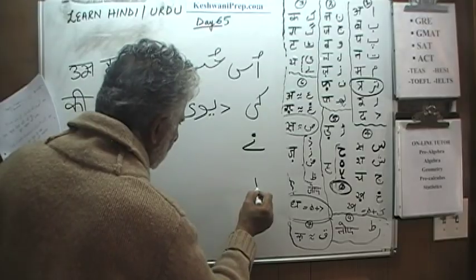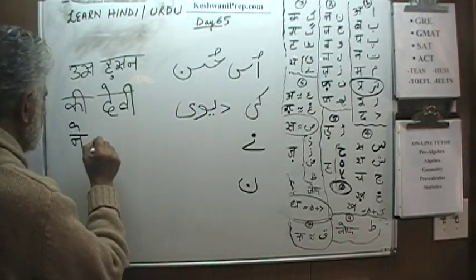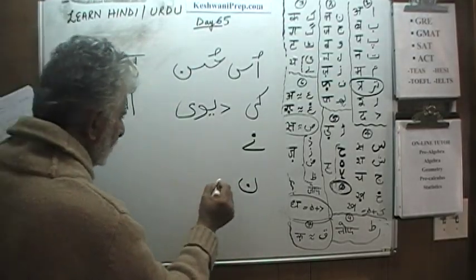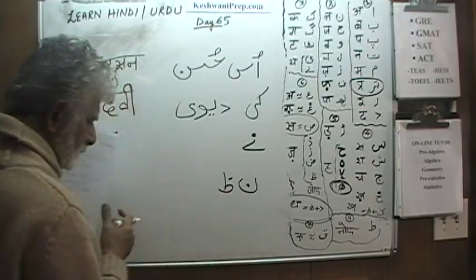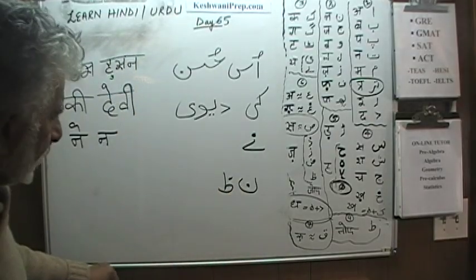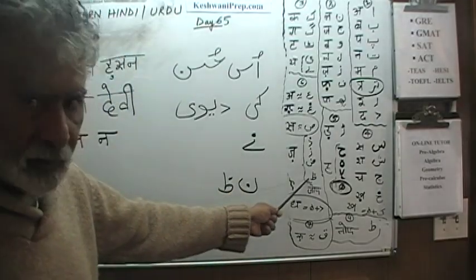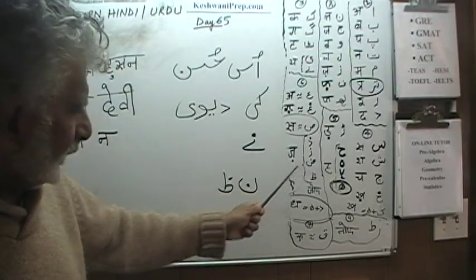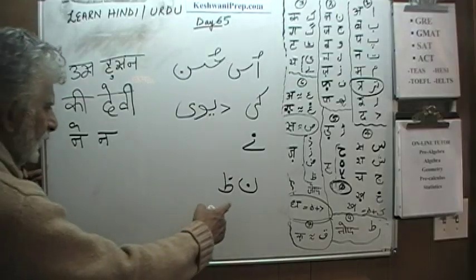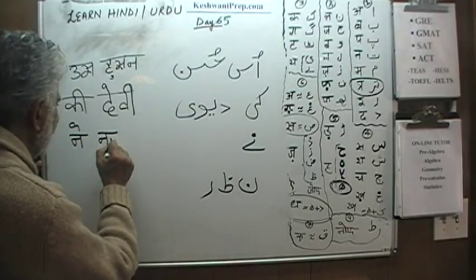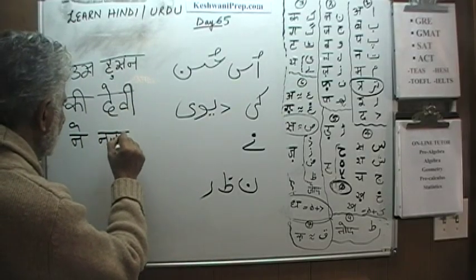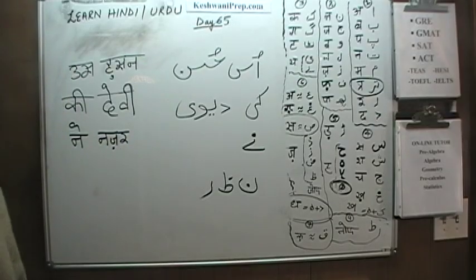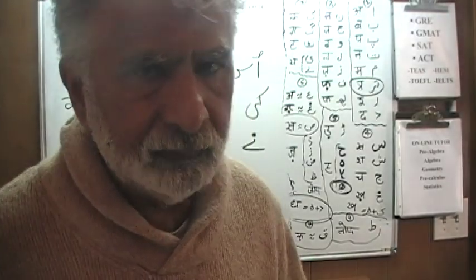Nazron. Here we need ain, the last one. Not zal, not ze, not zoad. We need a zoin. Nazar. Nazar can mean look. It can also mean eye.